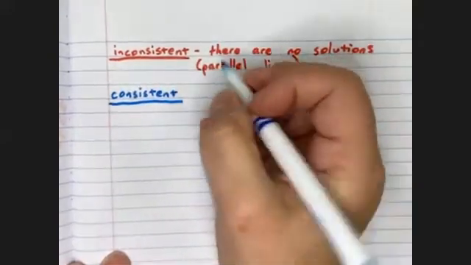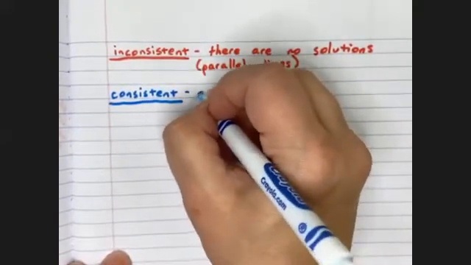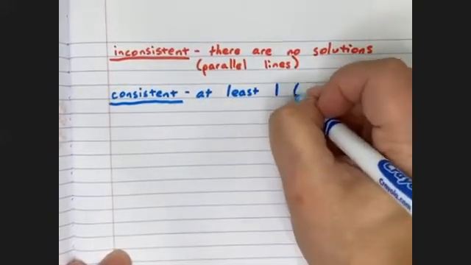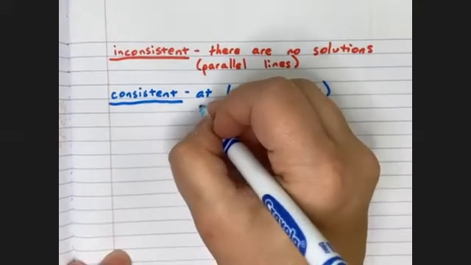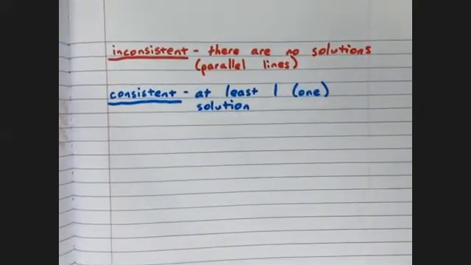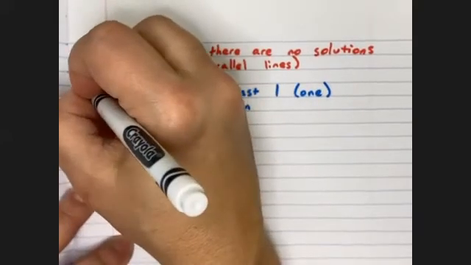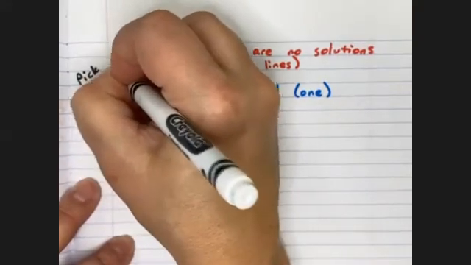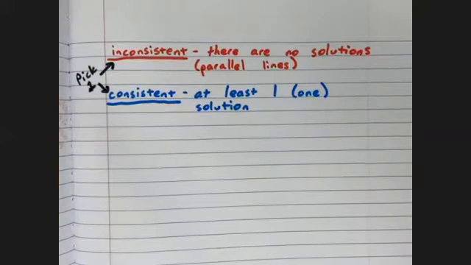Now, if it's consistent, then there is at least one solution. So when you're trying to name these and classify them, the first thing that you're going to do is you are going to pick one of these two terms. It's either inconsistent or it's consistent. So you pick one of those.